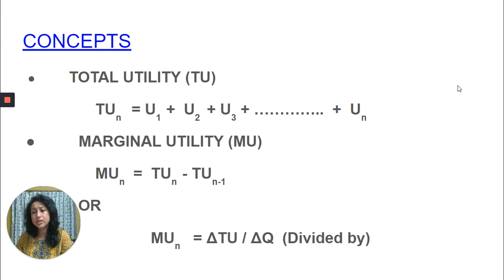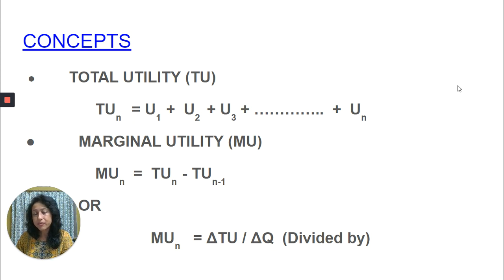Marginal utility: the word marginal means borderline, additional. The utility you get from the additional unit of consumption is called marginal utility.